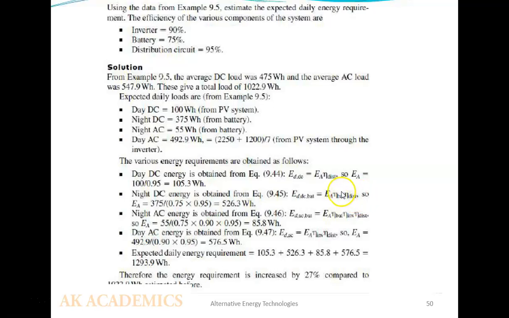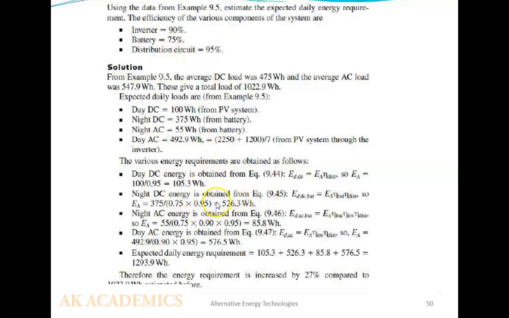So if we make EA the subject of the expression here, the EA, which is the energy requirement, will be equal to the DC energy from the battery divided by the two efficiencies, which is 0.75 multiplied by 0.95. The efficiency of the battery is 75%, so that's where the 0.75 is coming from, multiplied by the efficiency of the distribution circuit, 0.95.